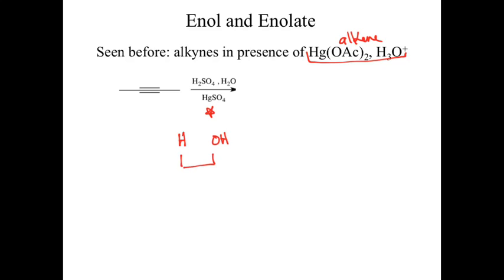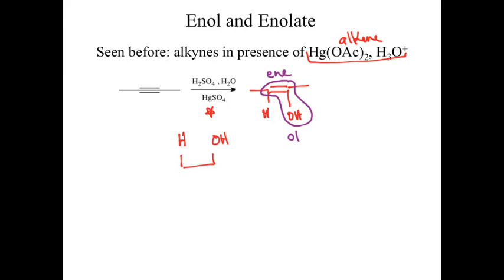So what ends up happening is, because this is symmetrical, you don't really care, we'd end up with our hydrogen and we'd end up with our OH and we have that little structure. Well, if you looked really, really carefully at that initial starting slide, what we have right here is the alkene and the alcohol, also known as our enol.